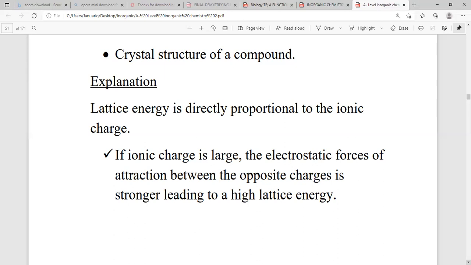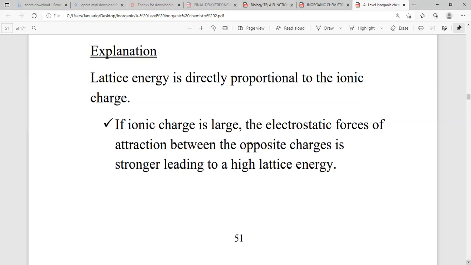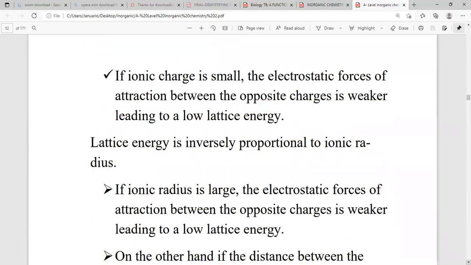So this will require a large amount of energy to be broken down into its constituent gaseous ions.